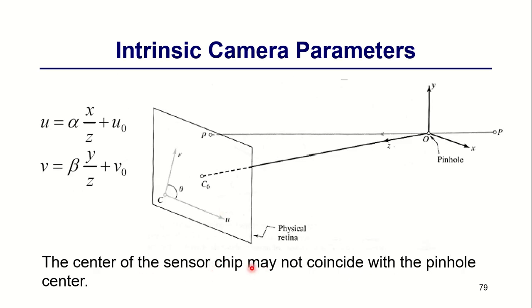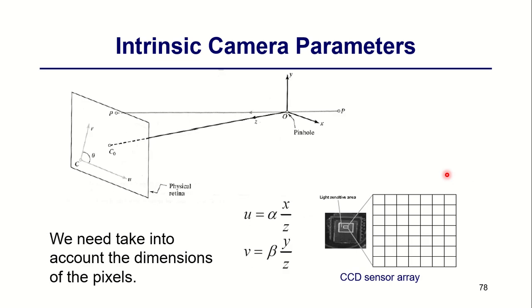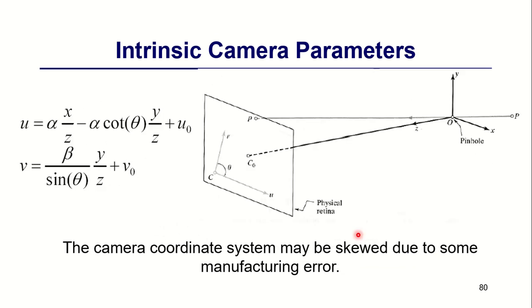And the center of the sensor chip may not coincide with the pinhole center. So these two may not coincide. This is the center of the chip. And the camera coordinate system may be skewed due to some manufacturing error.